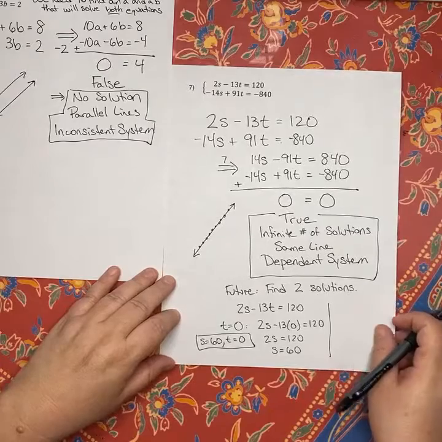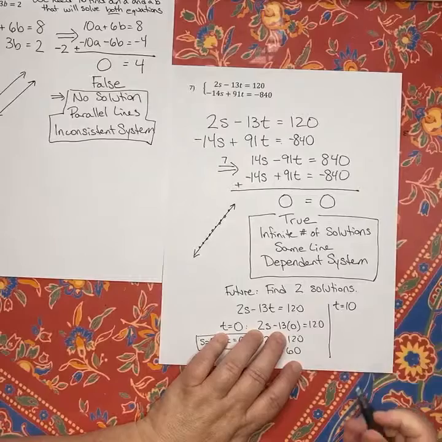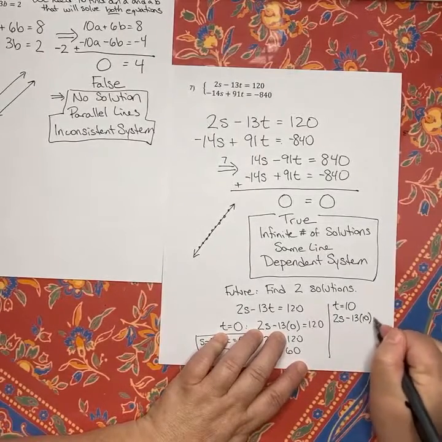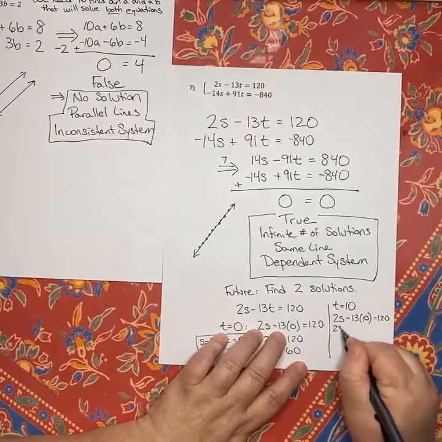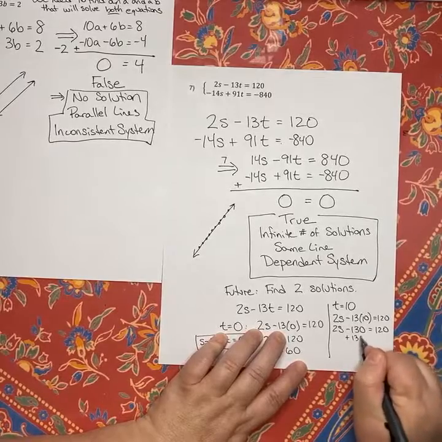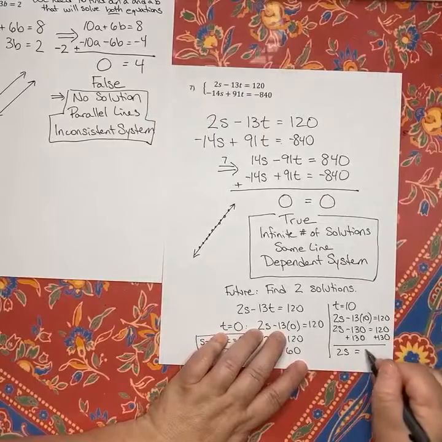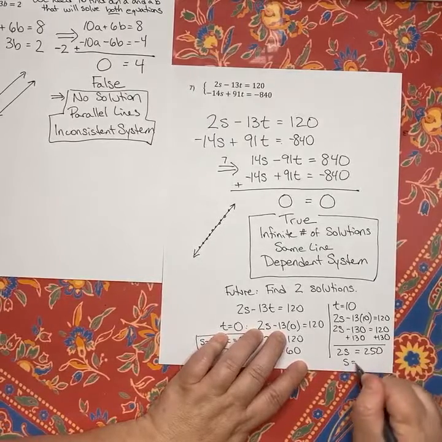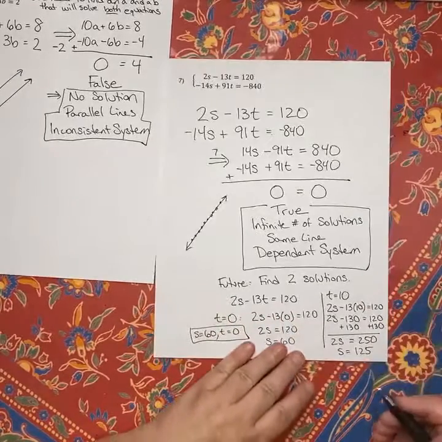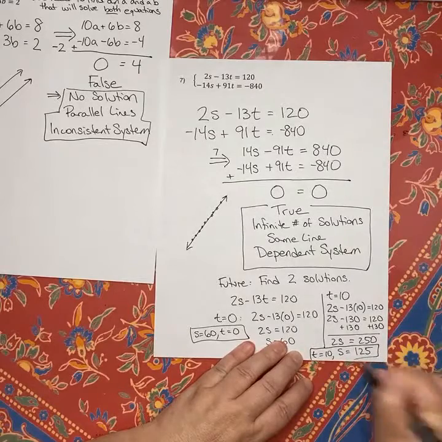But I mean, it's not impossible. But what if I picked, and I know this is going to seem weird, t equals 10? Then I've got 2s minus 13 times 10 equals 120. 2s minus 130 equals 120. Add 130, add 130. 2s equals 250, or s equals 125. Okay, so when t equals 10, s equals 125.